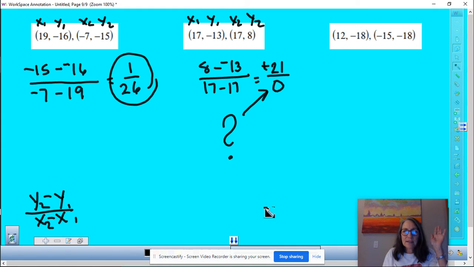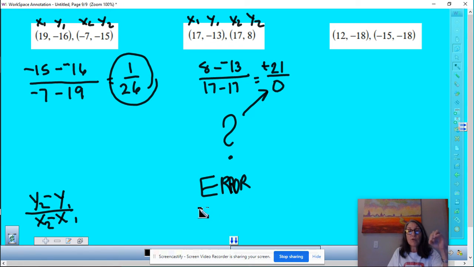We can't do that. If you were to pick up your handy dandy calculator and do 21 divided by 0, you would get a message that says error, because you are not allowed to divide by 0. Division by 0 is undefined.